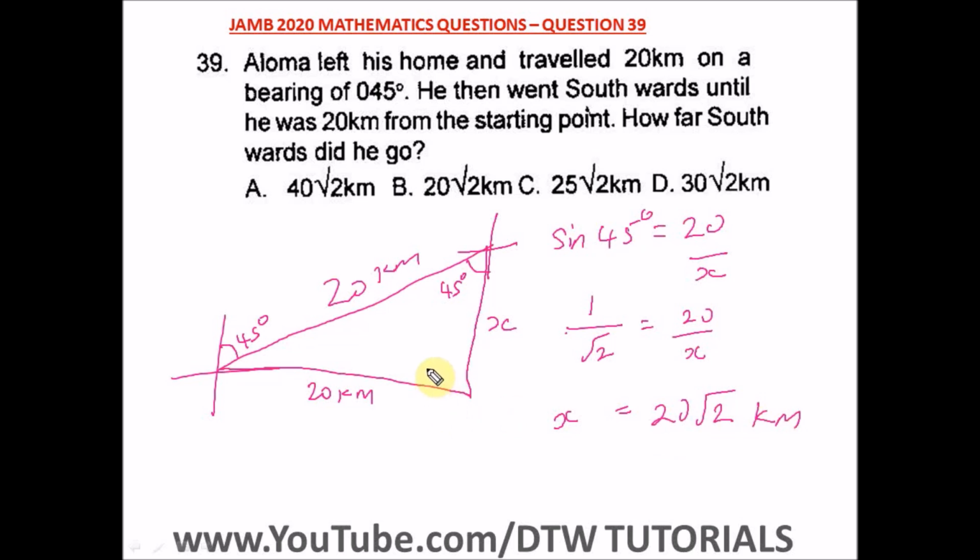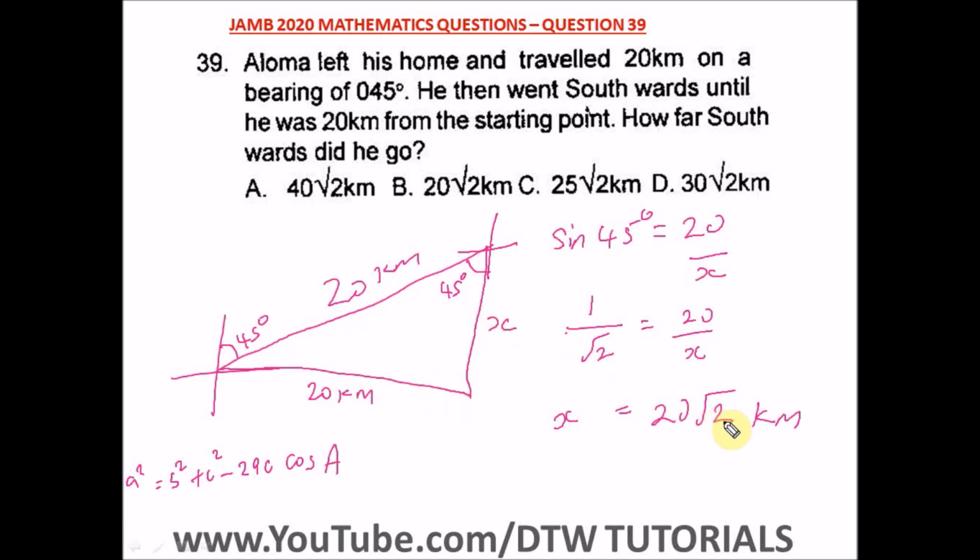We can solve this also by using the cosine rule. If you can remember your cosine rule, that says a square is equal to b square plus c square minus 2bc cos A. If you remember this formula, good and fine, you can solve it that way. But time will fail us to go into all that.